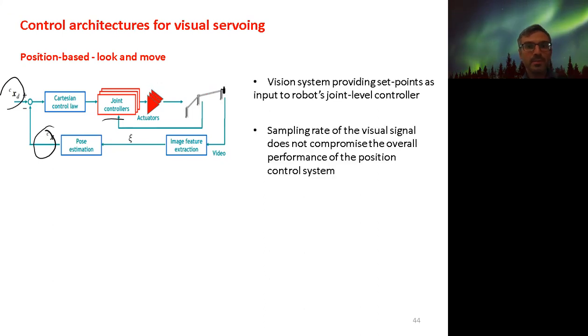In this case, the sampling rate of the visual signal is not a problem, even if it is low, because we close the loop at the joint level.